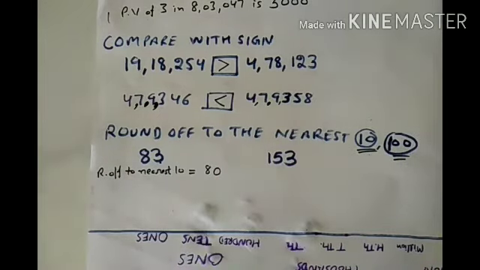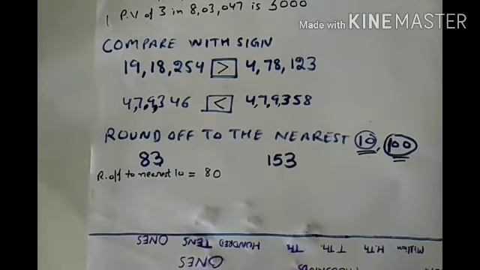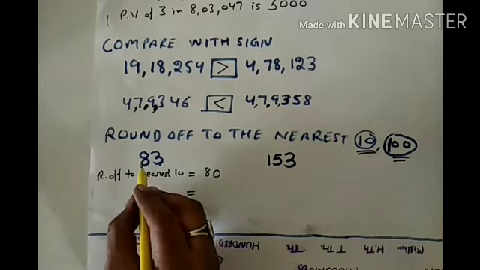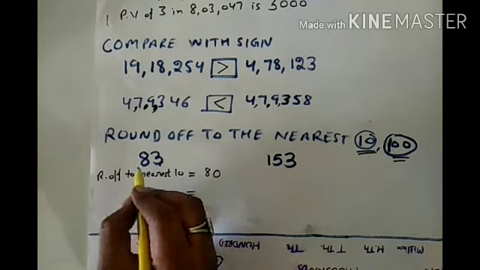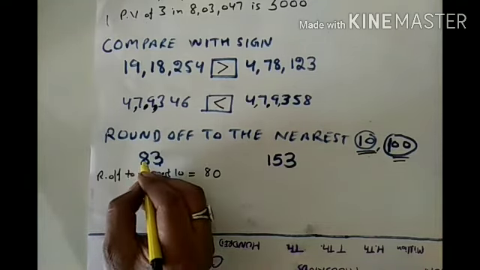Now, in order to round off 83 to the nearest 100, we will have to see the tens digit. So what is the tens digit? That tens digit is 8. Now 8 is greater than 5. Therefore, I will convert 8 with 9. And see here, before 8 there is nothing.